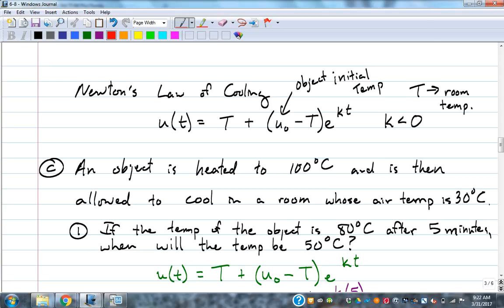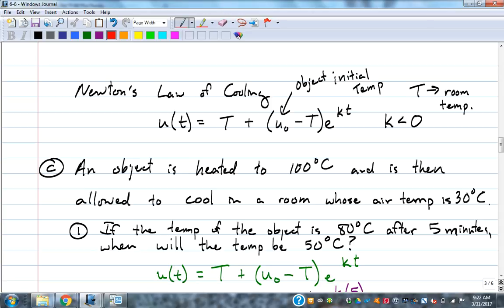Newton's law of cooling is used, for example, if you're trying to predict time of death for a body that's found. They use core temperature and measure what the temperature in the room was, and then they know how fast a human body cools off. Kind of a morbid thought, but that's one of the applications of this.